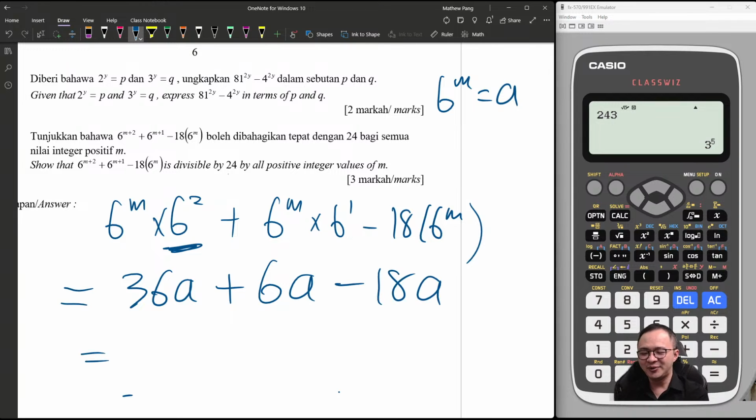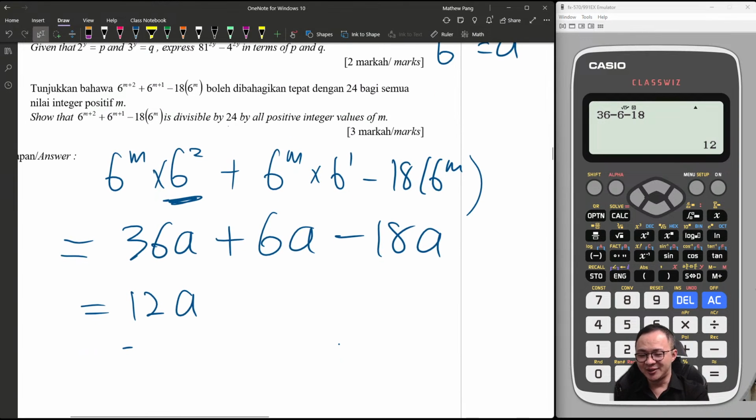Then how many apples do I have? 36 minus 6 minus 18. I still have 12 apples. Now we have some problem because this is not divisible by 24.